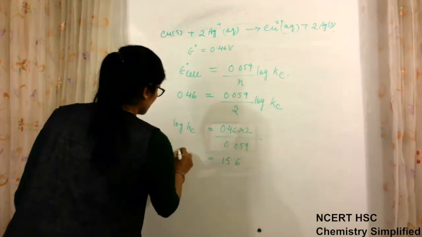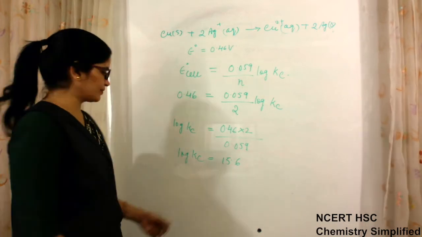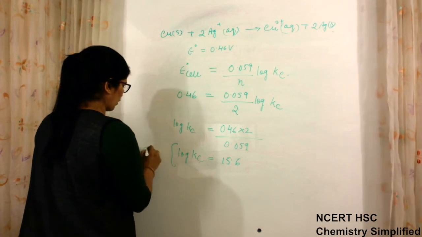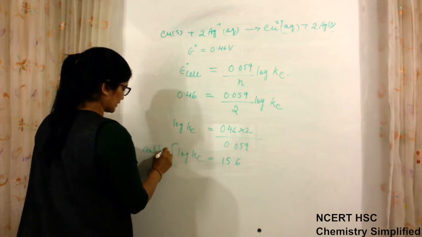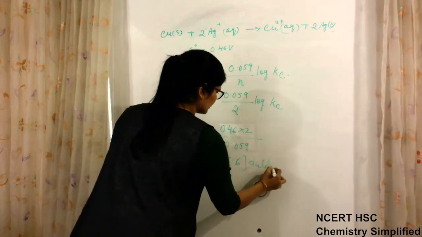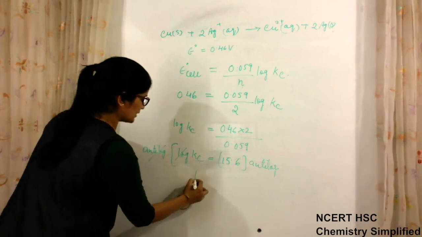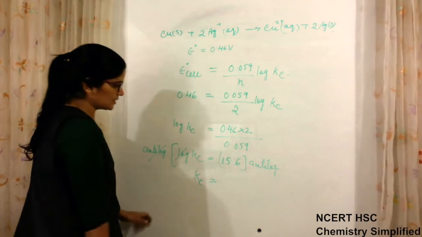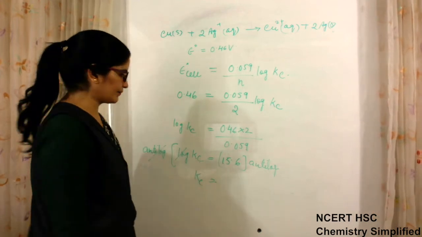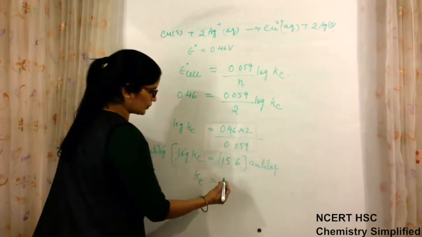15.6 is log Kc. But we want the value of Kc, not log Kc, so we have to take the anti-log. Log and anti-log cancel, and Kc is left. Kc is equal to anti-log of 15.6. How is anti-log calculated?